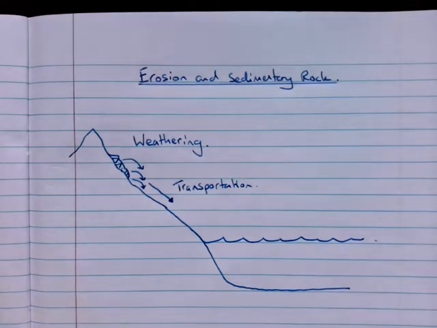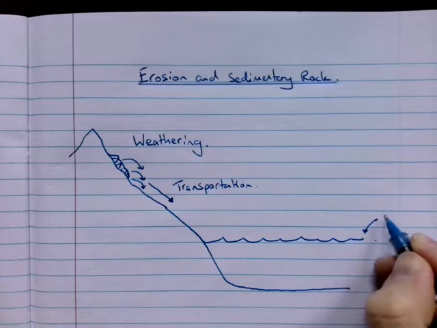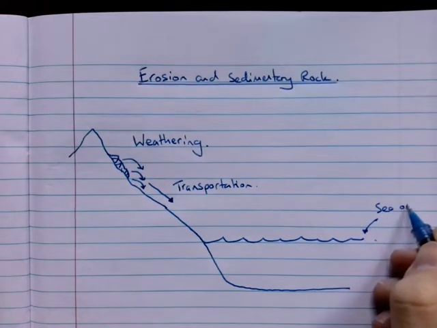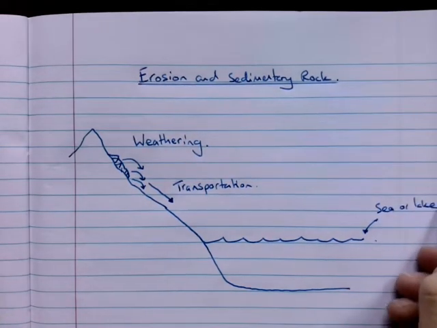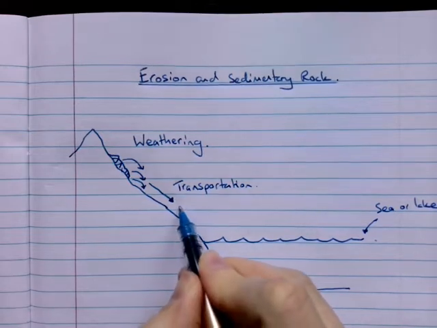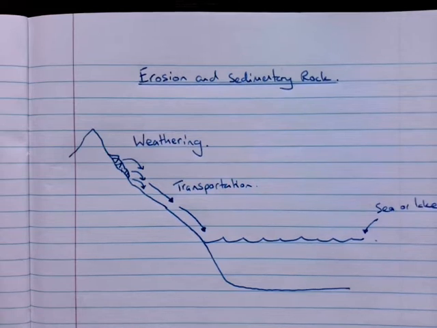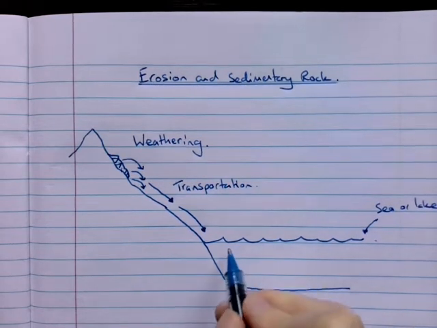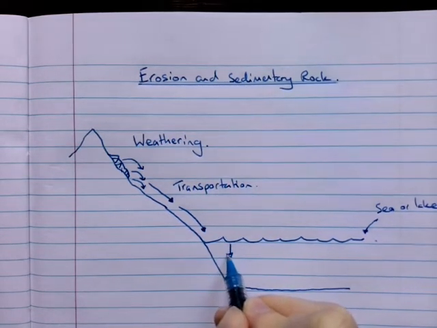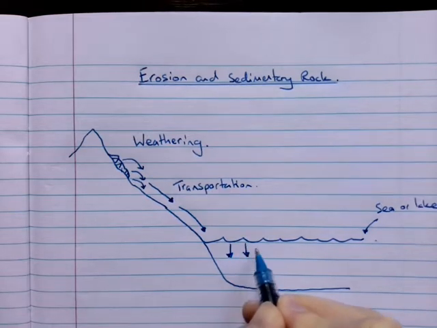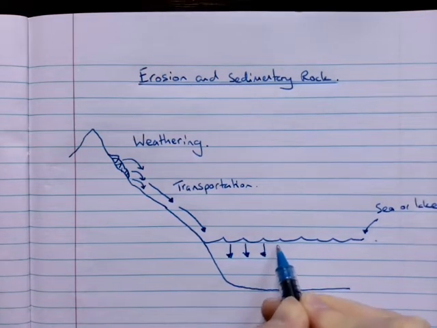Now this could be the sea or it could be a lake. So it's transported all the way down the hill and it gets to the sea or a lake, and then what happens is the rock falls to the bottom of the sea.